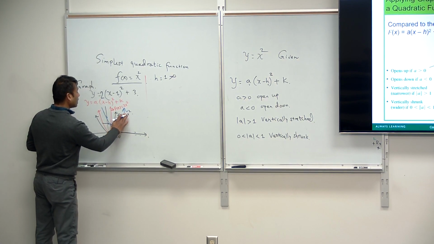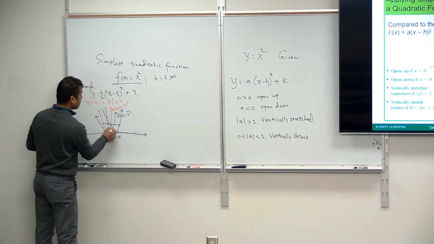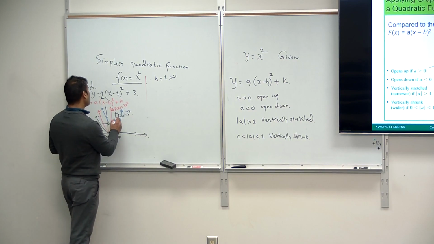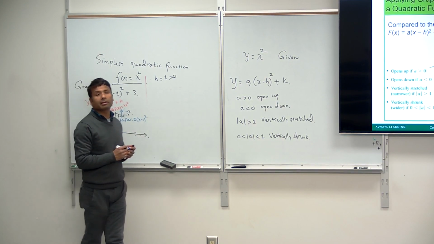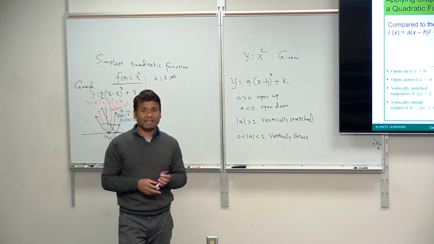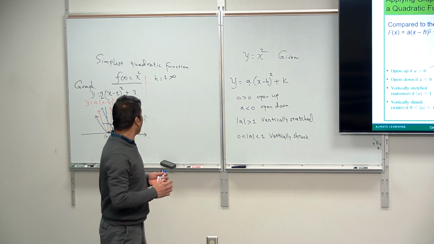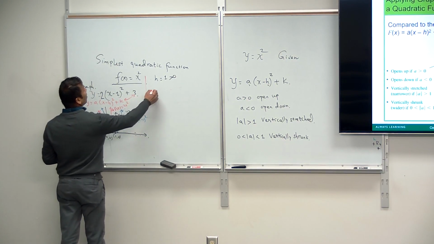Are you guys with me? Did you see that? So now this blue one is what? f(x) equal to, let's say you can say h(x) or whatever, it doesn't matter. f(x) equal to 2 parenthesis x minus 1 squared. Did that make sense? You shift it 1 unit to the right. And then you look at the value of k, the value of k is 3, is that right? Value of k is 3.